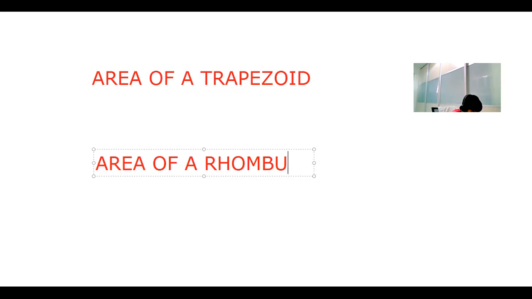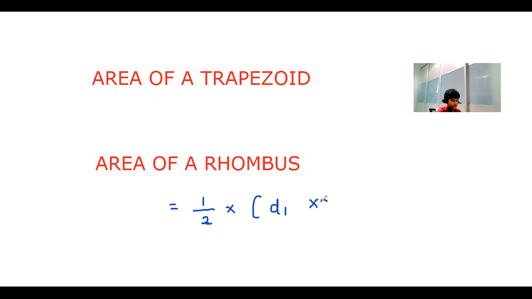It's 1/2 times D1 into D2. I'll show you what D1 and D2 are.